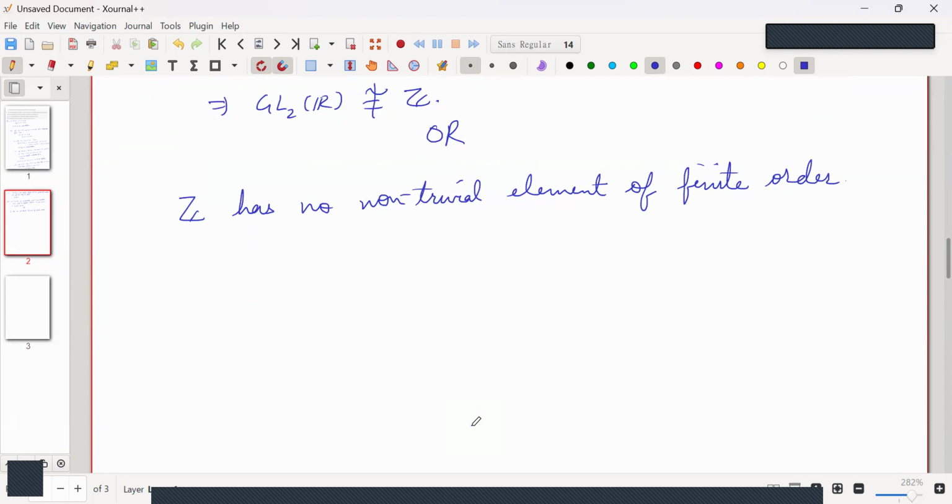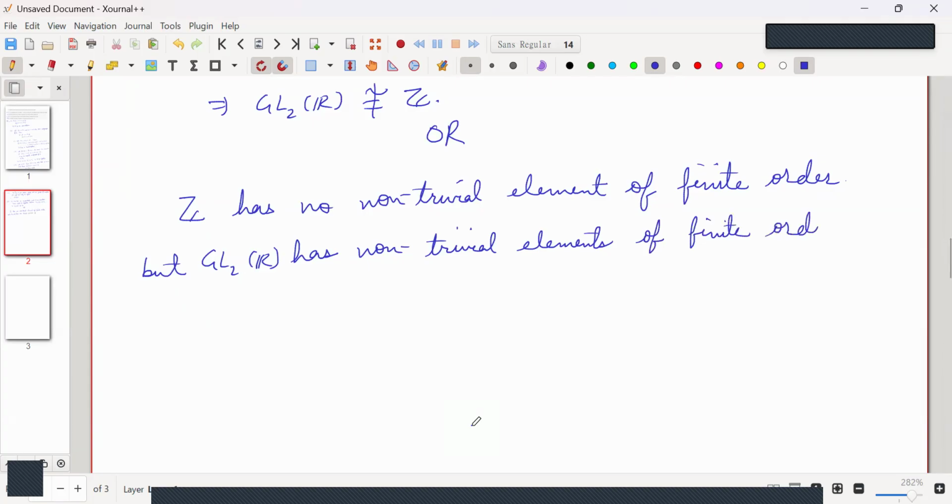And what about GL2R? But GL2R has non-trivial elements of finite order. Can you just give me one such example?